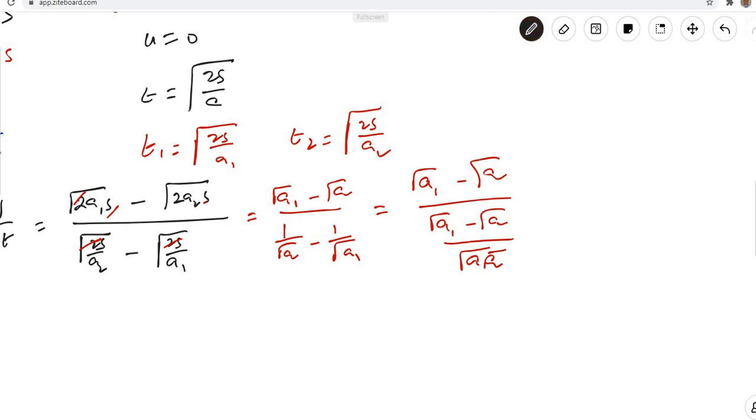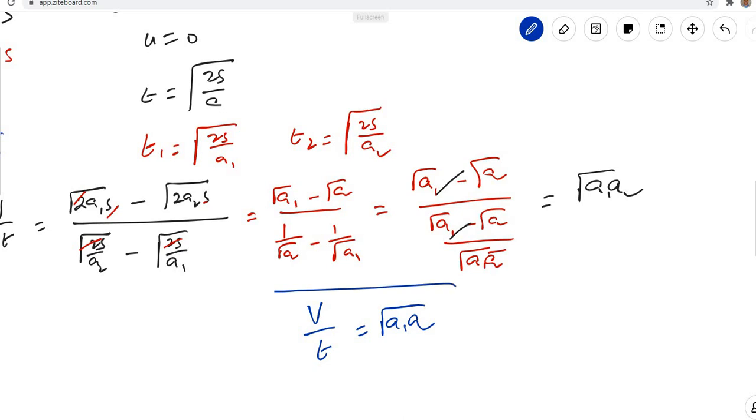So again this will cancel, so this will be root over a1 a2. So ultimately the value of v by t is root over a1 a2. This is the required answer.